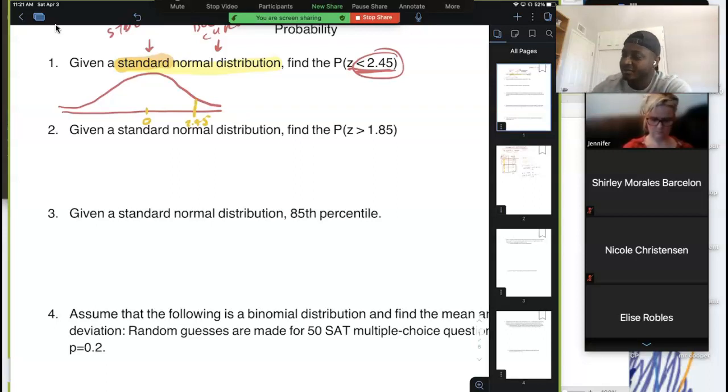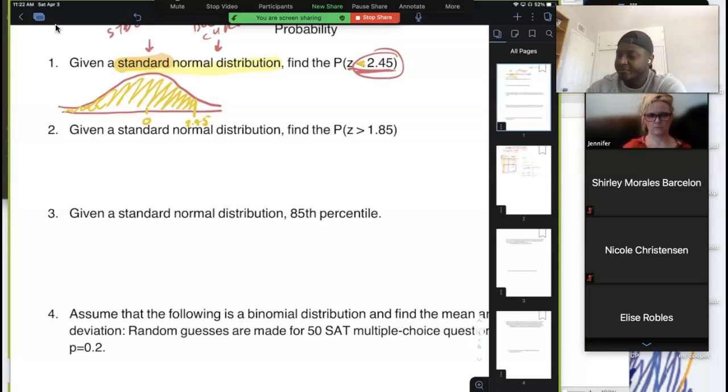And then look at the problem. It tells me that we want to find the probability when z is less than 2.45. So I'm going to shade all of this to the left of that number, because every number less than 2.45 is going to be to the left of that value.